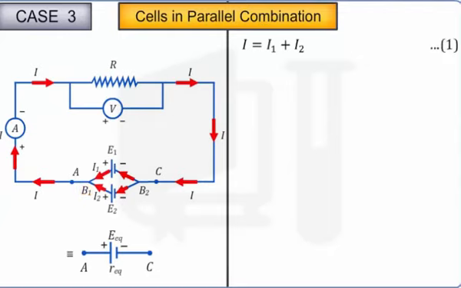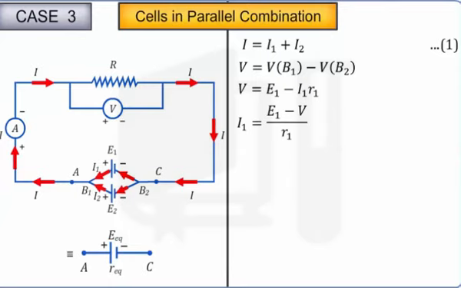VB1 is the potential at point B1. VB2 is the potential at point B2. The potential difference between points B1 and B2 taken across cell 1 can be written as V is equal to VB1 minus VB2. V is equal to E1 minus I1 into R1. Rearranging the terms, we can write I1 is equal to (E1 minus V) divided by R1.